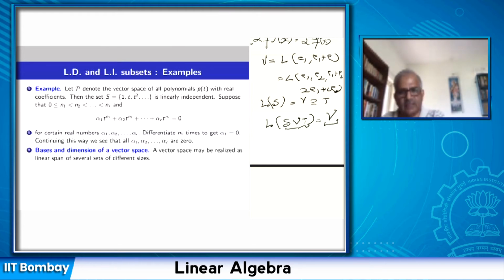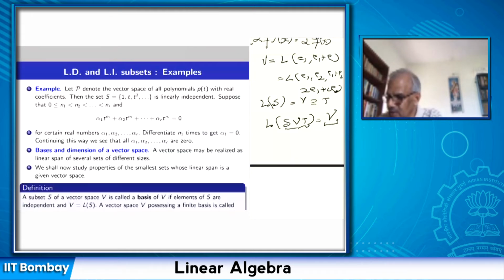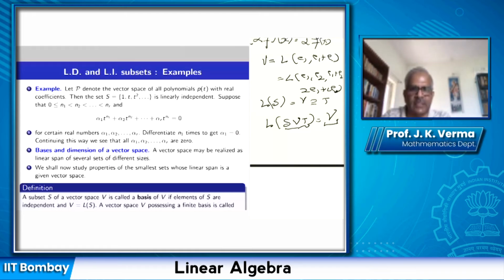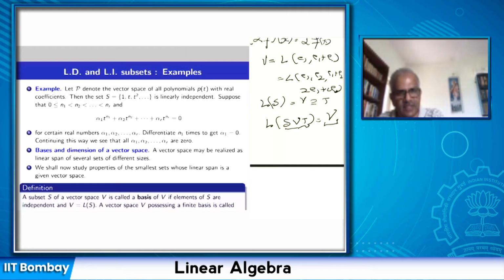Let me first express in words what a basis is. A subset S of a vector space is called a basis of the vector space if the elements of S are linearly independent and the vector space is the linear span of S. Elements are linearly independent means that whenever a linear combination of elements of S produces the zero vector, it is a trivial linear combination.